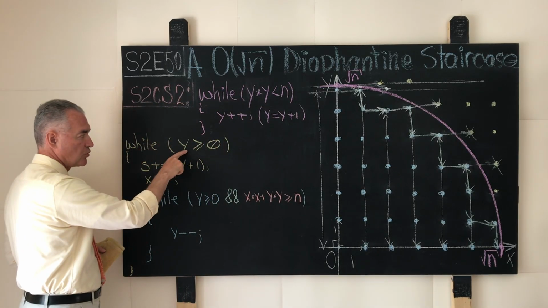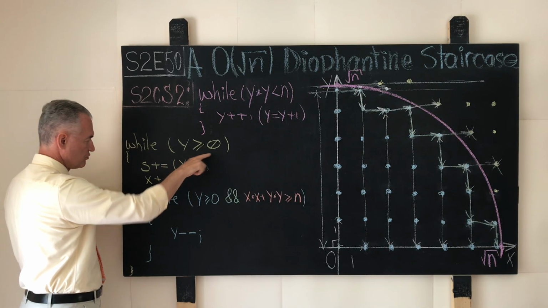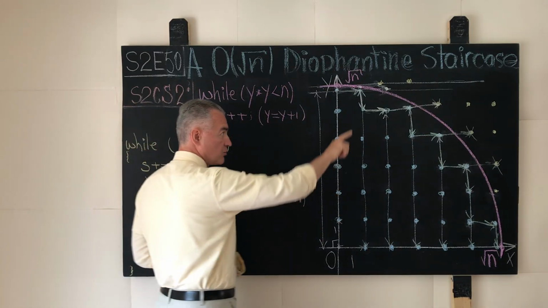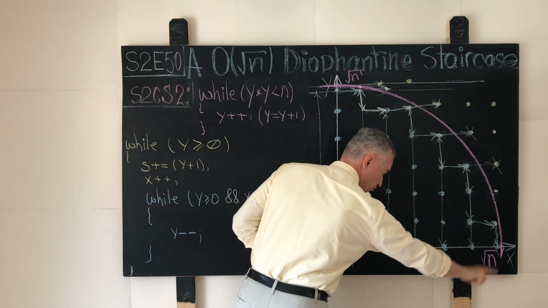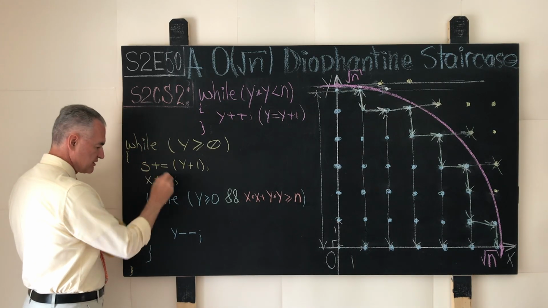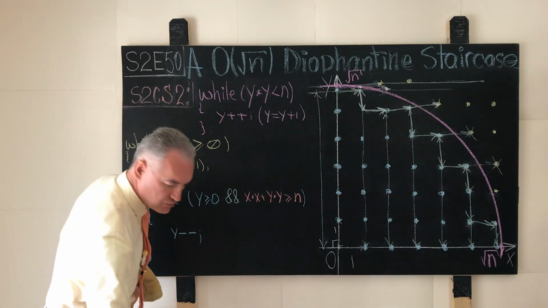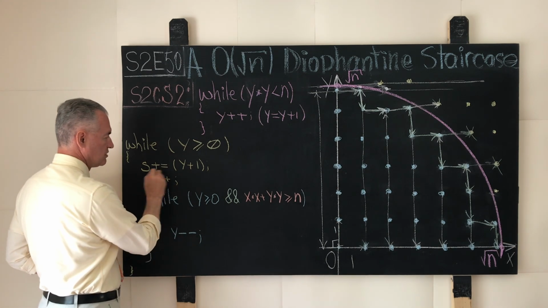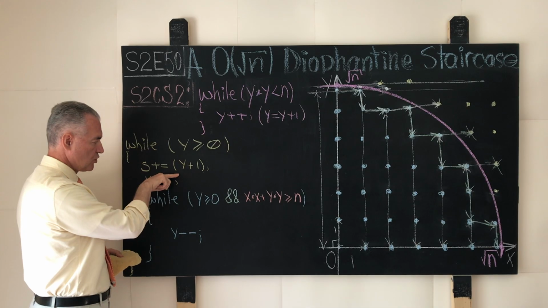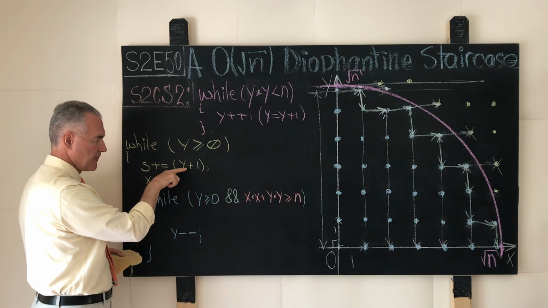So for as long as y is greater than or equal to 0, this is the outer loop. That outer loop ensures that we stay strictly within the first quadrant, and we do not fall through to the fourth quadrant. Well, this line right here that I show in yellow corresponds to what? Can you show me the geometry of this line of code? S plus equals y plus 1.